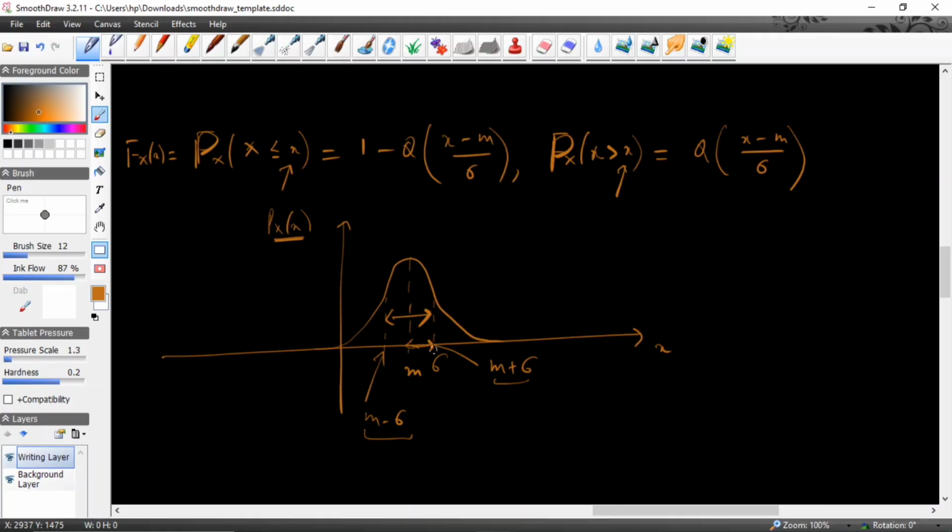And to find this, I can use these two as the basic equations.